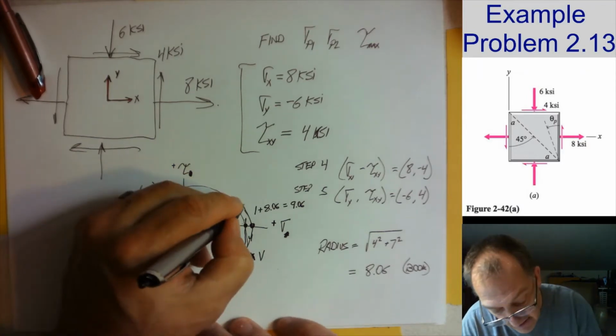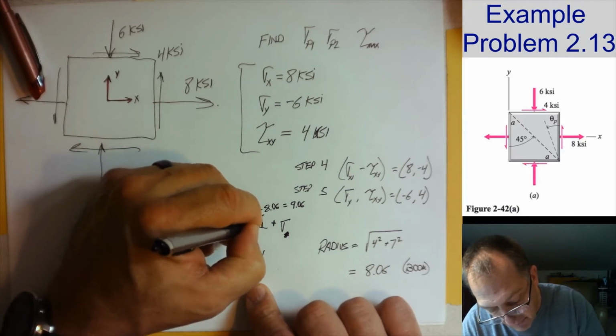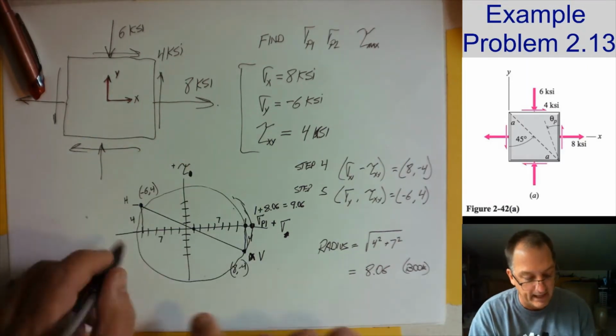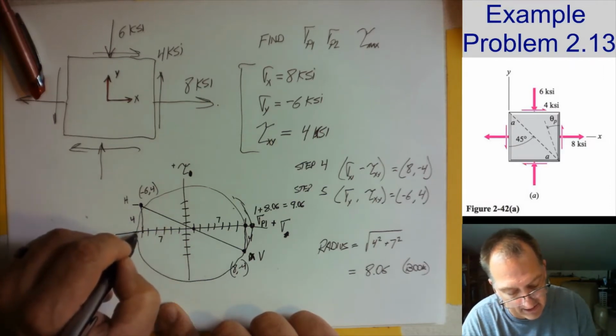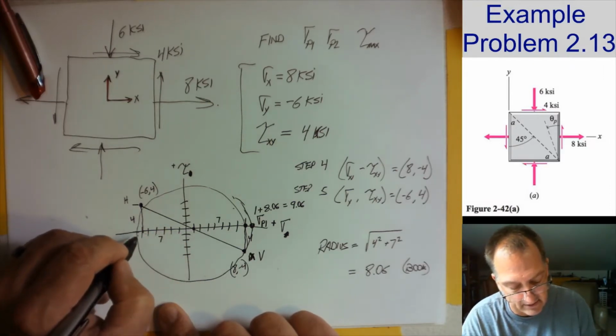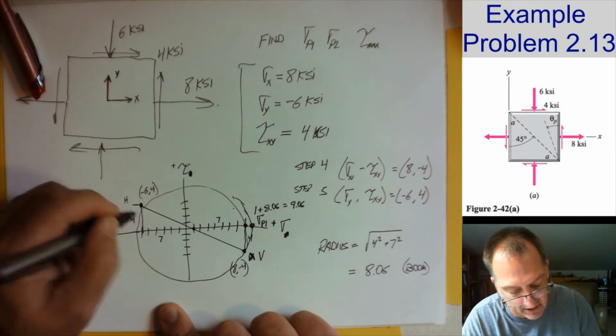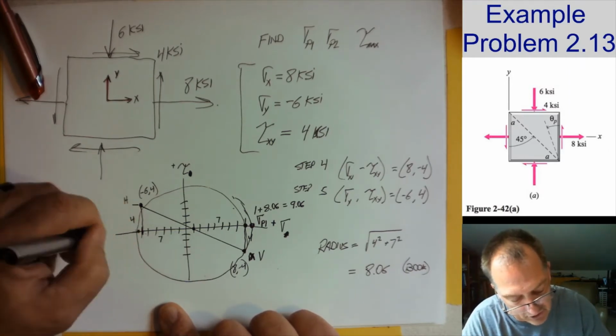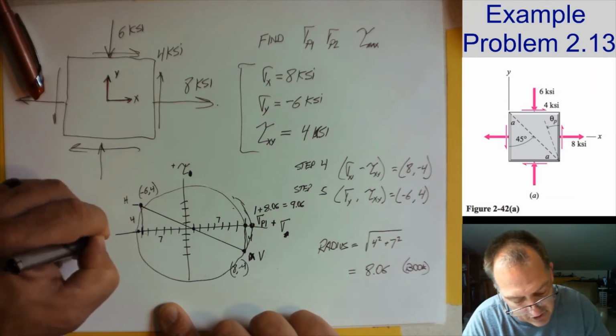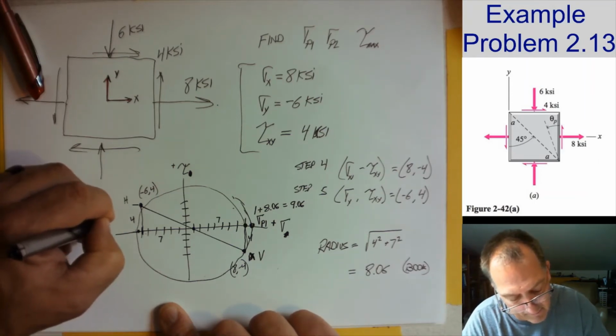So this stress here is sigma principal 1. And this point back here, 1 minus 8 is going to get me to just past 7. So that's going to get me to sigma P2 equal to minus 7.06.